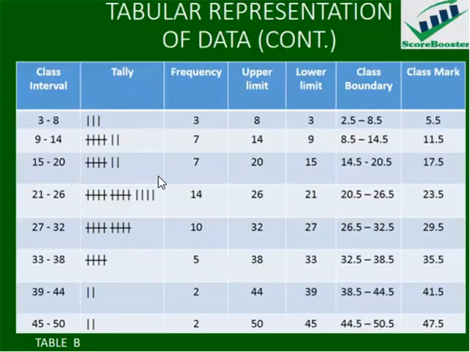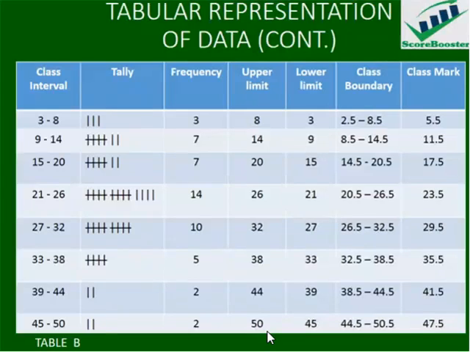So we get all of this if we apply the same technique we did for class 3 to 8 and 9 to 14 to all other classes. So that ends the part of constructing a frequency table for both ungrouped and grouped data.